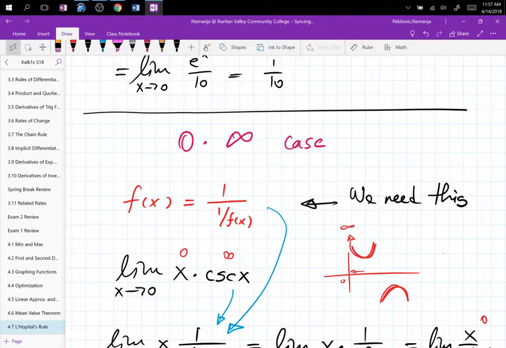If I change that to 1 over x, then the derivative of 1 over x is negative 1 over x squared. And then the derivative of that, if you want to go with another L'Hopital, is going to be 1 over x cubed, and so on. And it's going to get worse over time. So if you keep doing L'Hopital and the expression is getting worse, well, you flipped the wrong function. So go back from scratch and flip the other one.